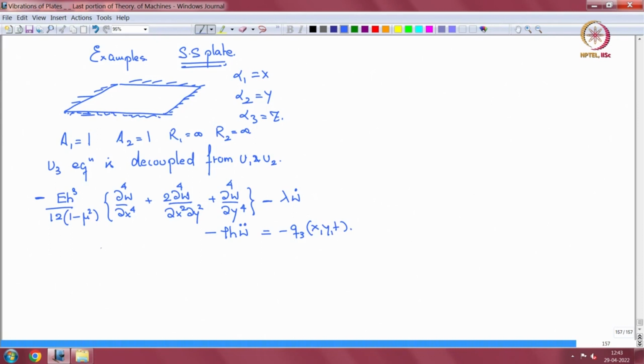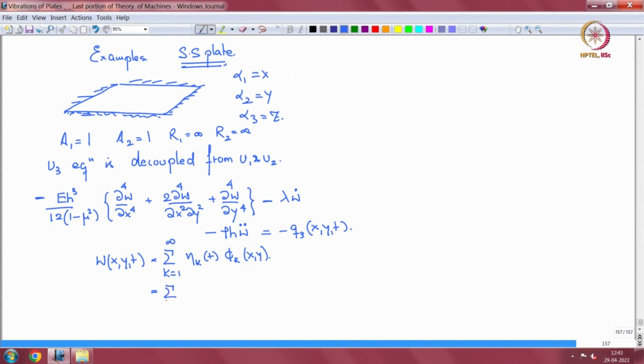So now we again do the same thing. My W, which is a function of x, y, t, I represent as the sum over k going from 1 to infinity of eta k of t phi k of x, y. But we have seen the mode shapes of a simply supported plate have two indices.